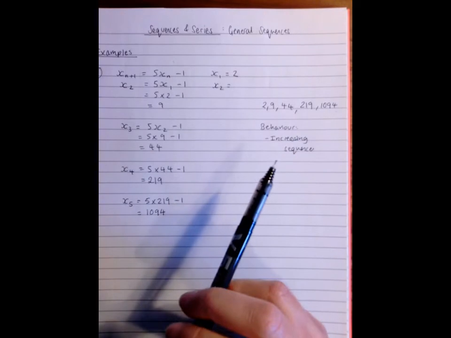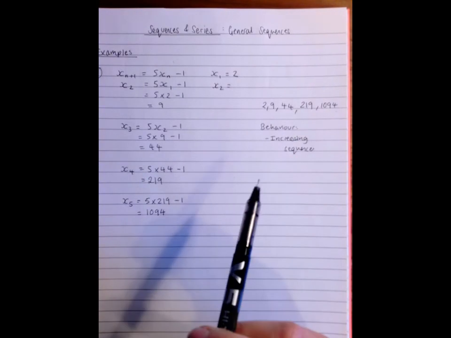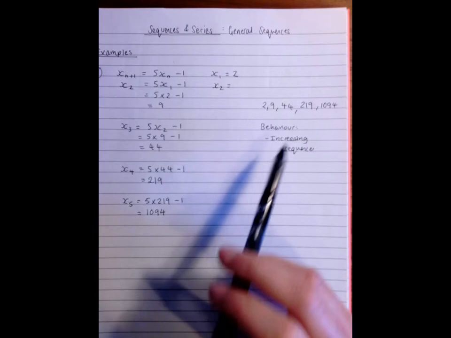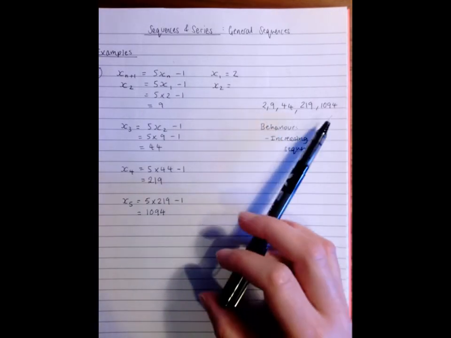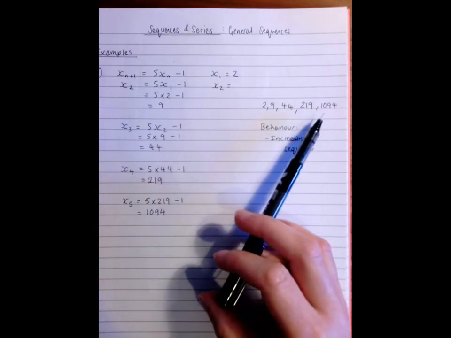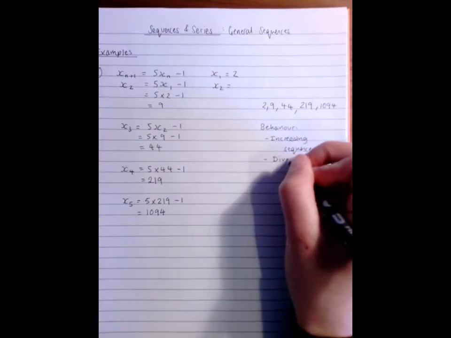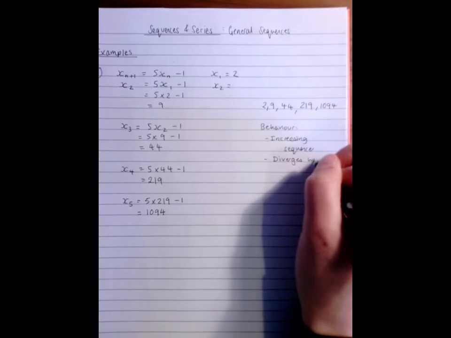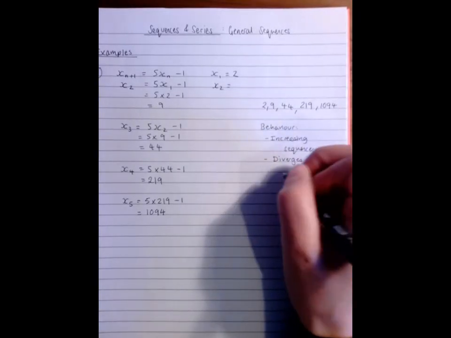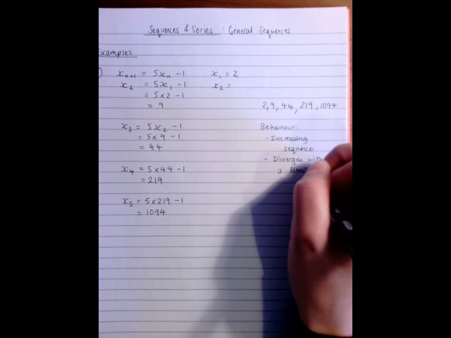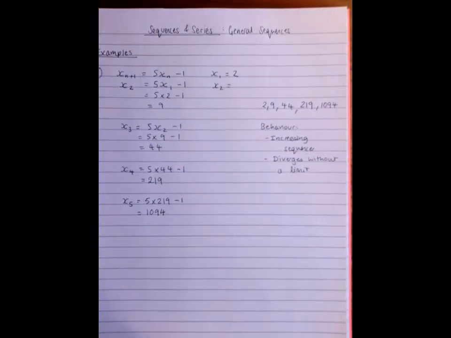If it converges, it's going to go towards a particular value. But this one is just going to keep on increasing each time, so we can say that this sequence diverges without a limit. It doesn't get to a certain point and then stop. It's just going to continually increase.